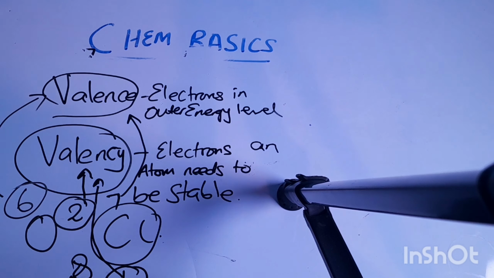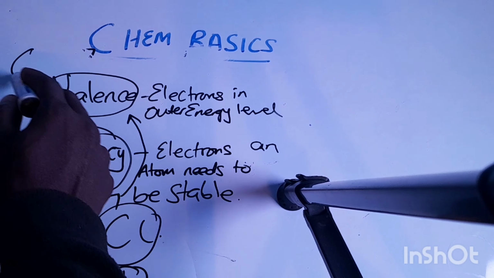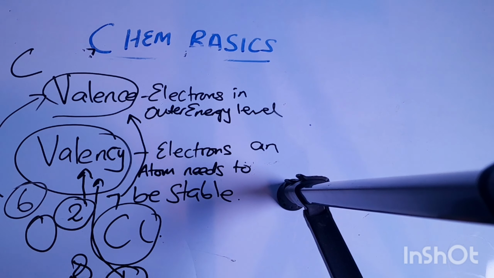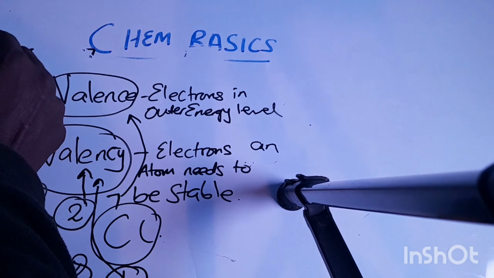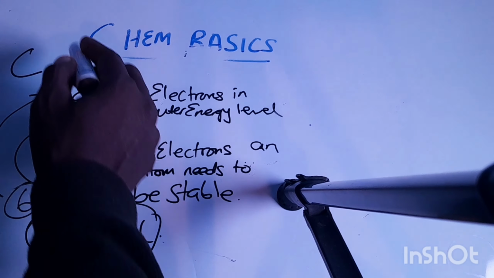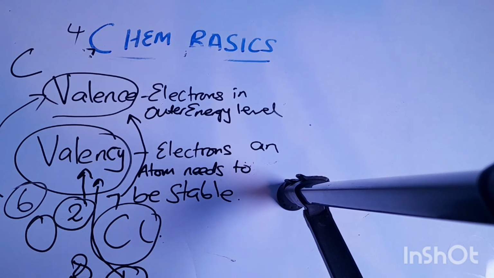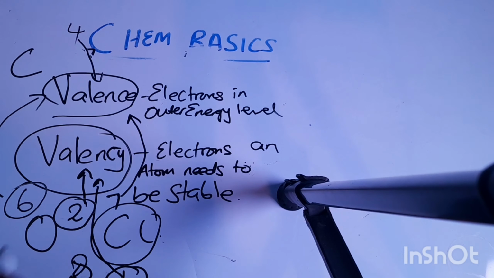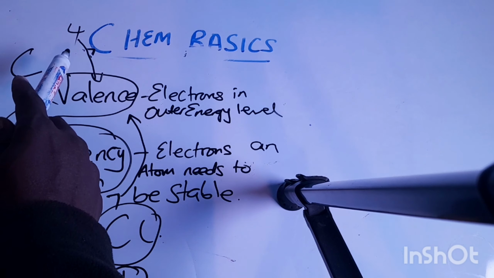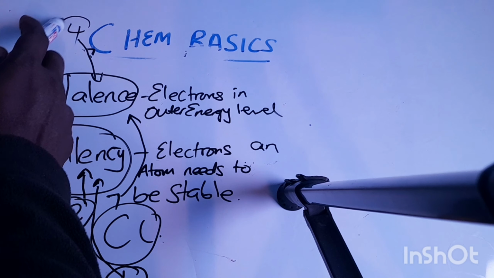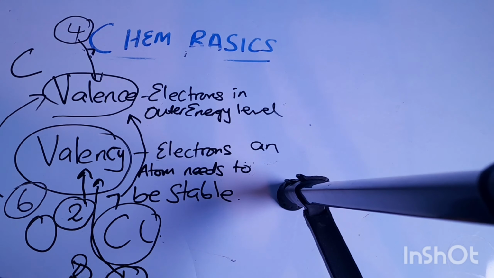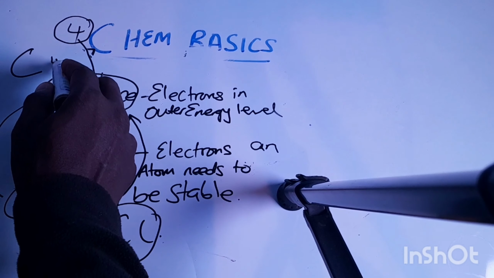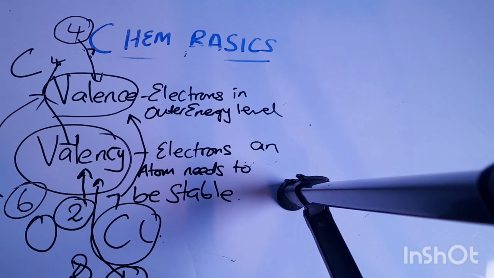So valency is actually the number of bonds an atom can have. If we take carbon, it is in group 4, so its valence electrons are 4. But carbon needs 4 more electrons so that the outermost shell can have 8. So 4 is the valency of carbon.